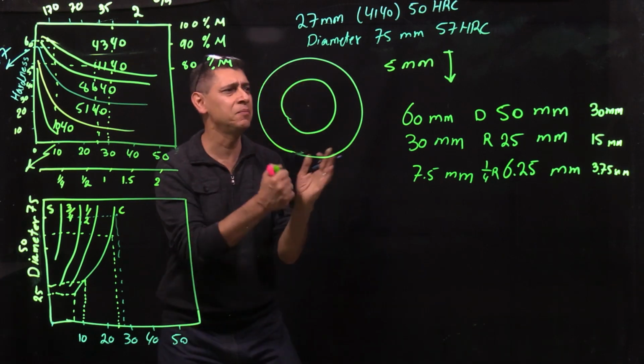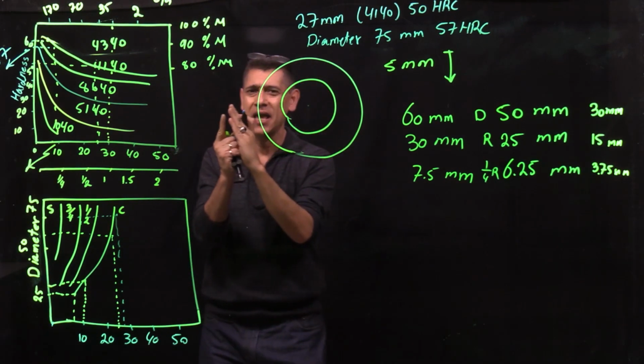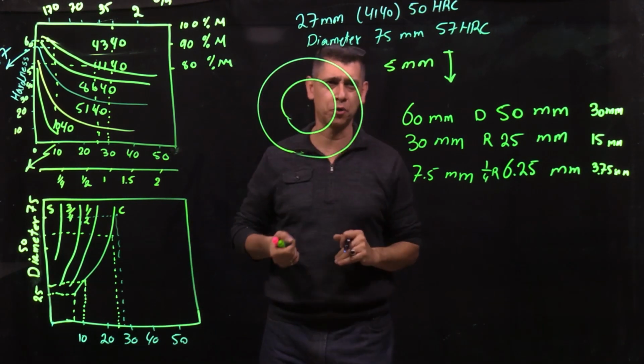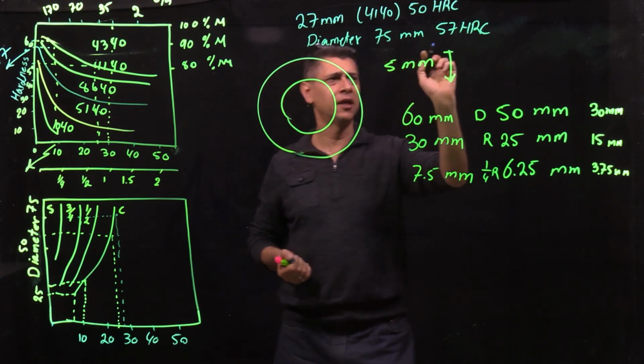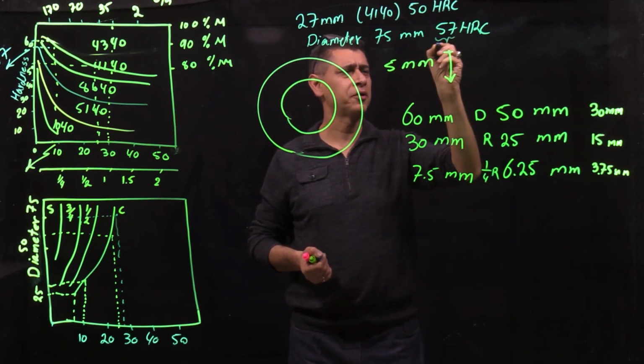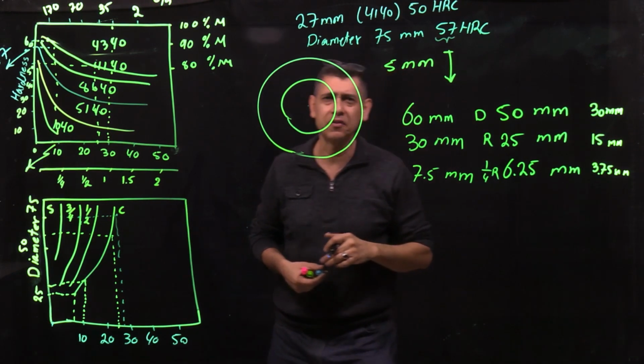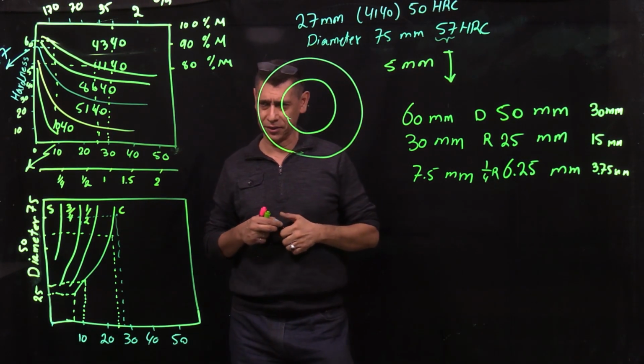So you want 10 millimeter below the surface, which means a slower cooling rate, not by a lot. Then the hardness is going to be smaller than this. If the answer is 55, then you have the correct one.